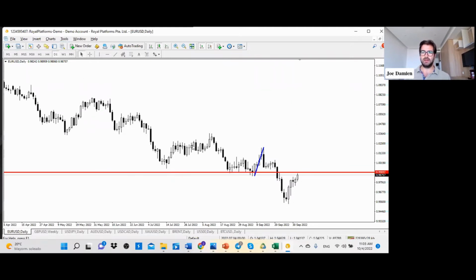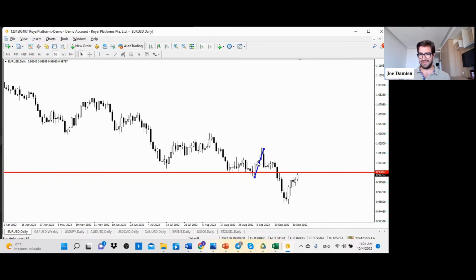So here we have the EURUSD on the daily time frame. We can see that the market posted a correction after a bearish impulsive wave. This is a bearish impulsive wave correction. And what I noticed is that this correction here, the previous one, is almost the same as the new one. So it is about to be the same.